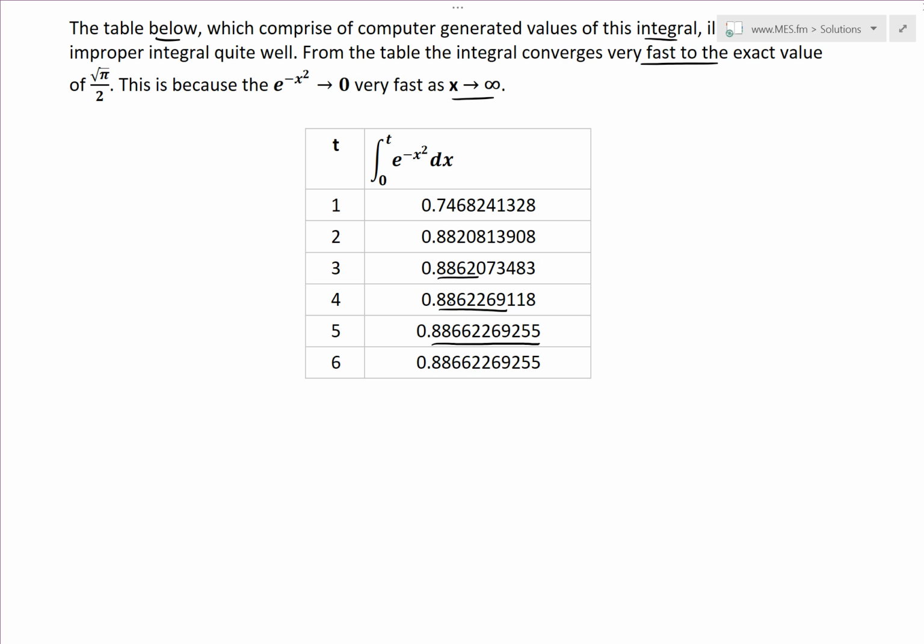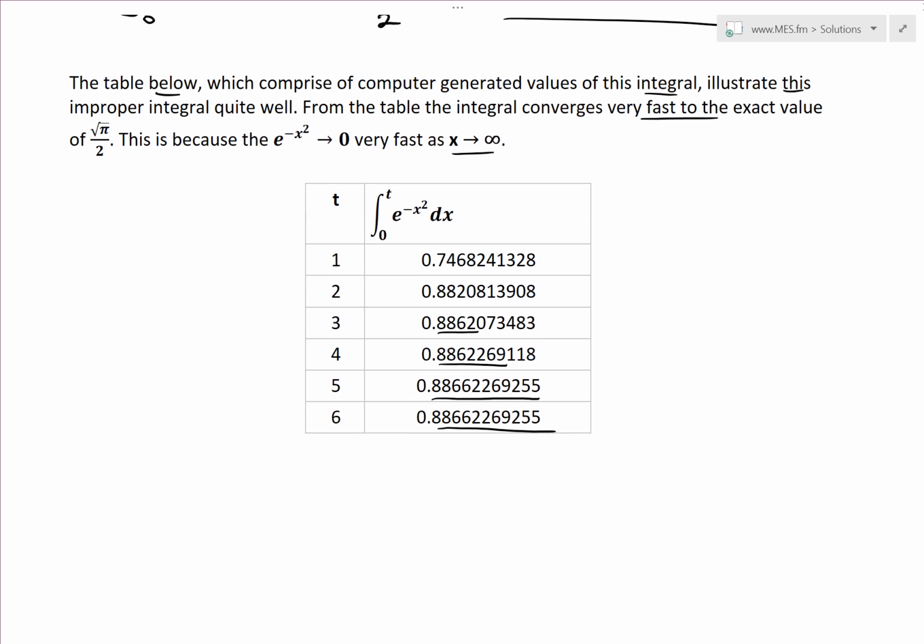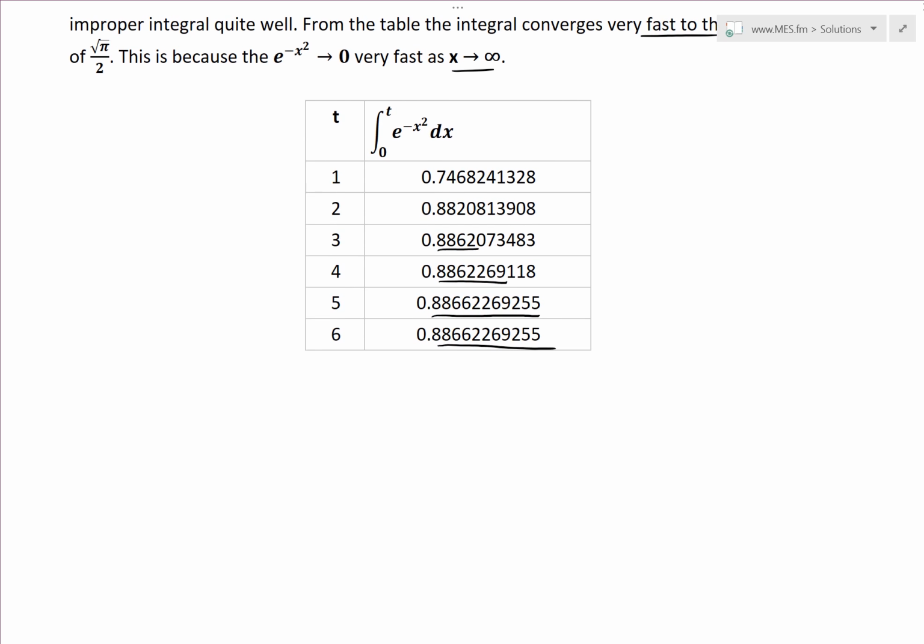Then you get to 10 digits of accuracy. And then at 6, as you can see, all you're doing is adding more and more digits further down the road. And this illustrates improper integrals: even though the interval goes to infinity, all you're really changing is that the decimal places are going up higher.